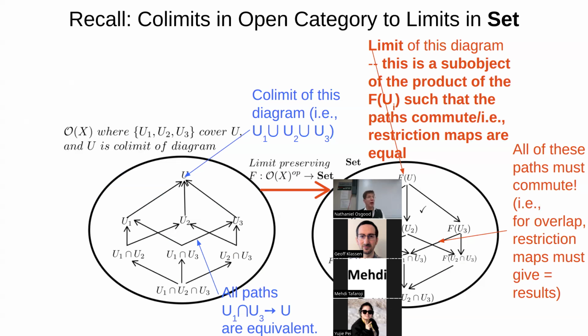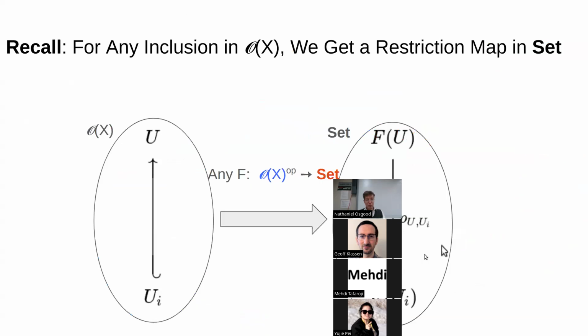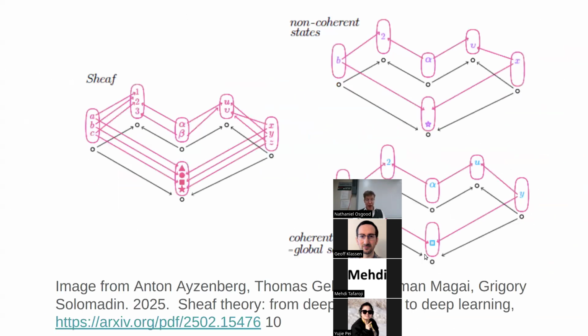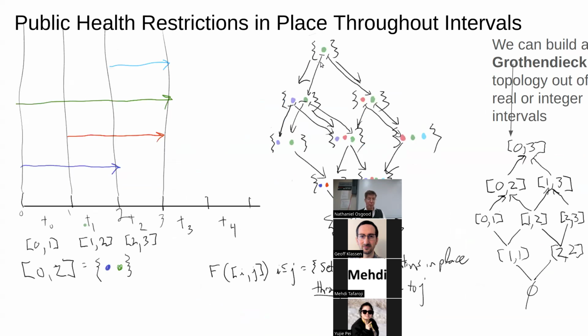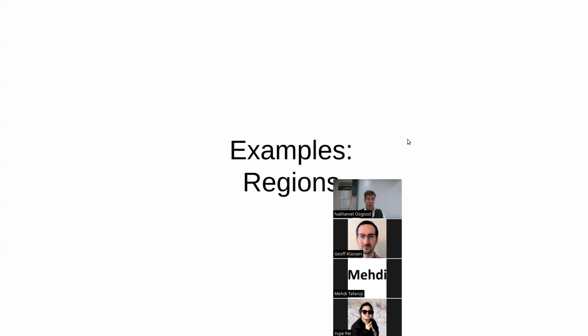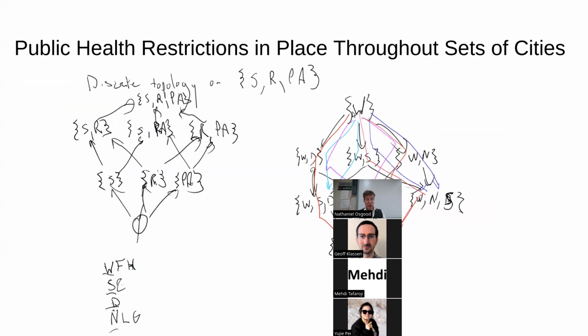You might not be able to find them in this set. And that was very much the flavor of that example, right? The sets of values as you went up were smaller and smaller sets of possibilities, because at each level we have to be able to find this value at the next level down. There could be more values here, but whatever are here, we have to be able to have at these different places. And the same thing with the public health restrictions throughout sets of cities.